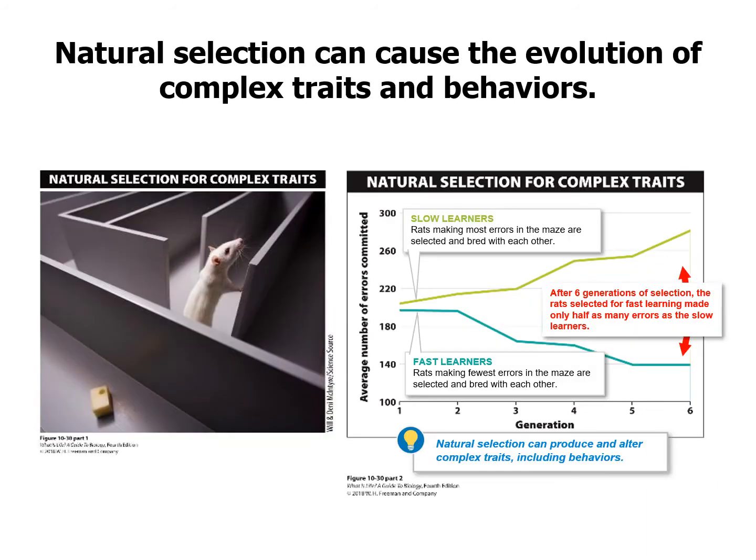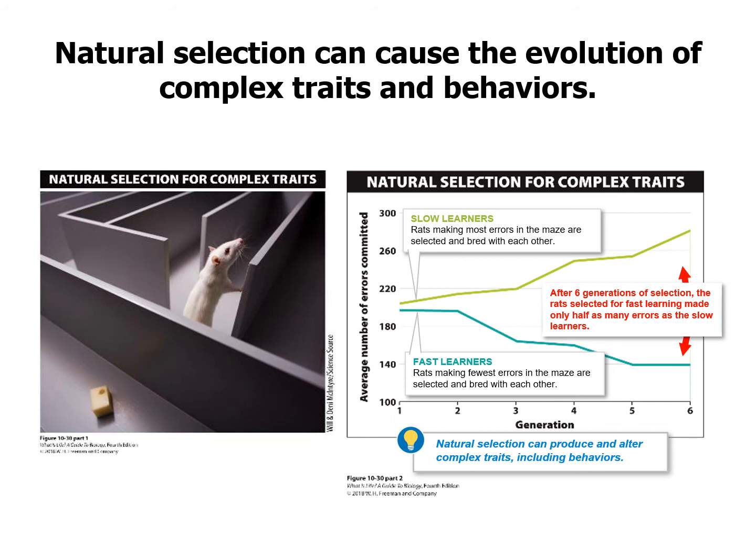So up to this point, we've only really seen evolution occurring on physical traits, but evolution can also affect complex traits and behaviors. In this instance, we have natural selection occurring for slow learners versus fast learners.